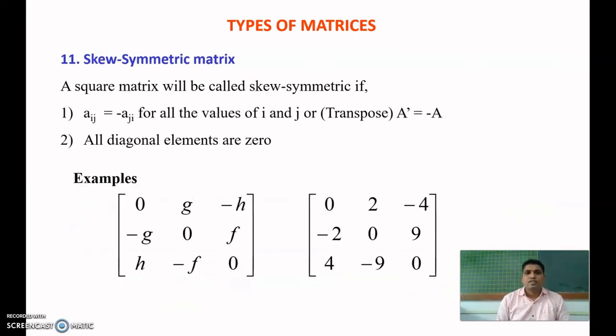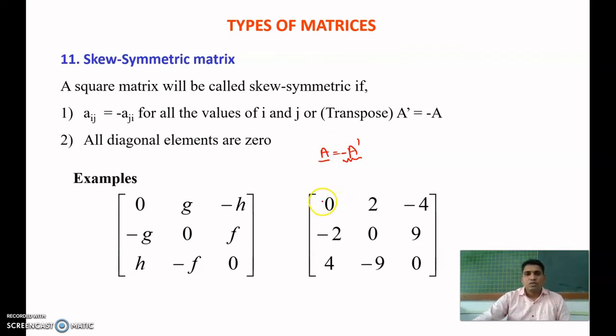Now next, the skew symmetric matrix, in which, when we transpose our given matrix, we find that the negative of the obtained matrix is equal to the given matrix.